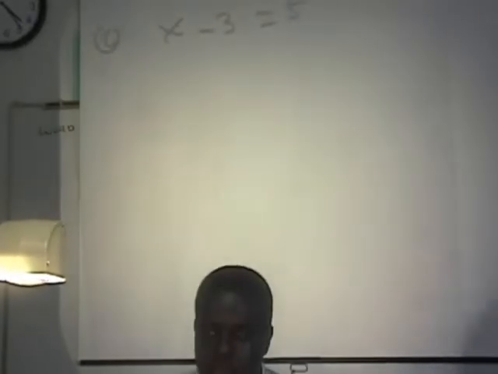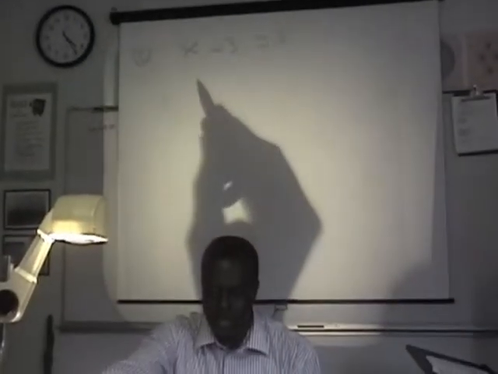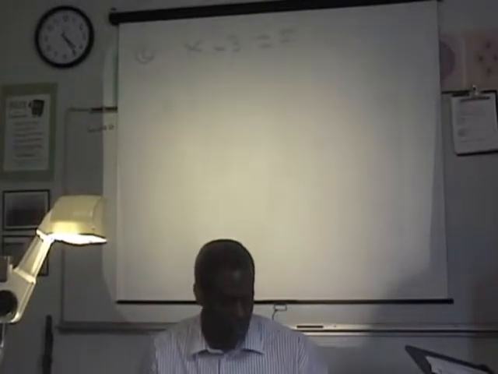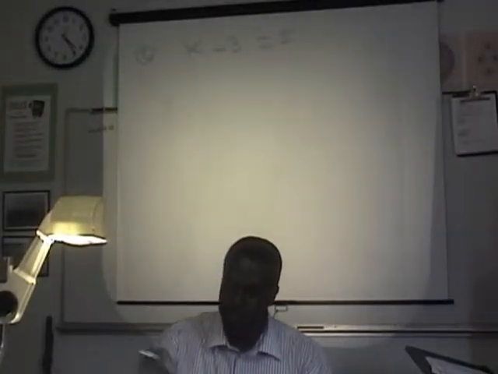We have example 2. We have x minus 3 equals 5. Now, how do we solve that problem? We must isolate the x, right? And of course, if you represent these with algebra tiles, the x is going to be green.